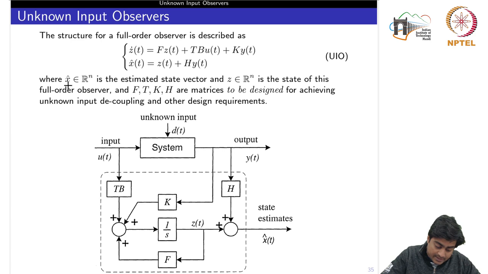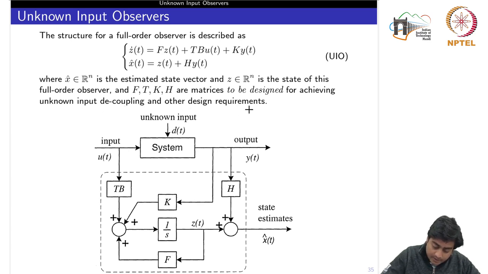So x hat is the estimated state vector and z is the state of the full order observer. Here we now need to design the matrices F, T, K and H, because the B matrix is already known to us. These are the matrices to be designed for achieving the unknown input decoupling and other design requirements if we have any.